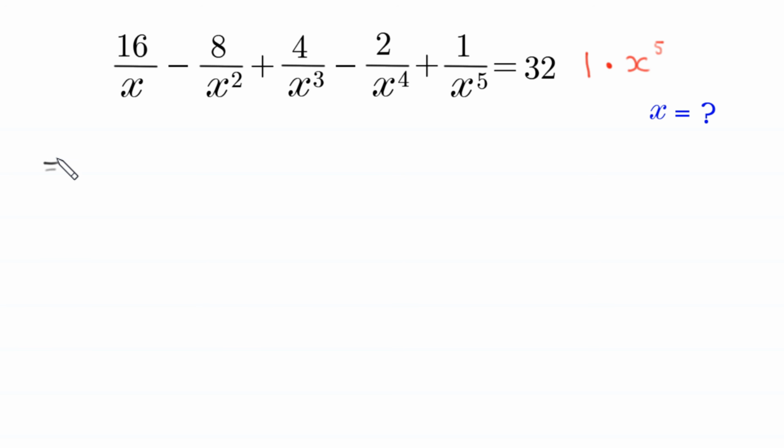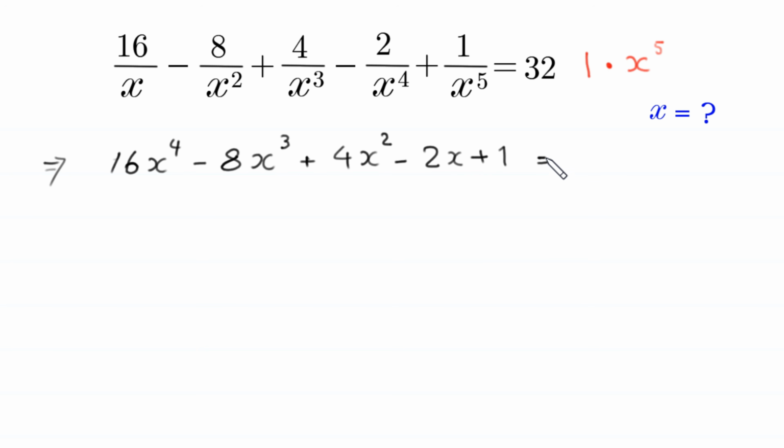So this equation will become 16 times x to the power 4 minus 8 times x cubed plus 4 times x squared minus 2 times x plus 1 is equal to 32 times x to the power 5.